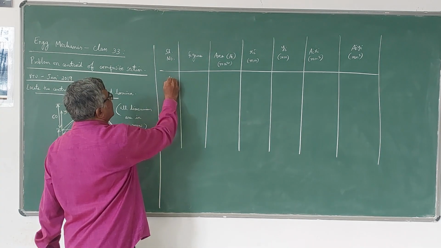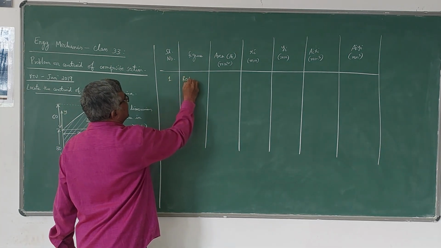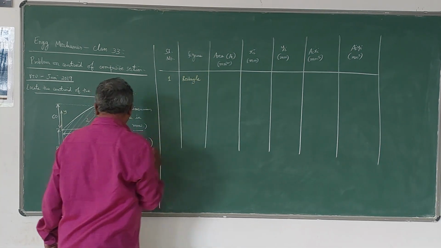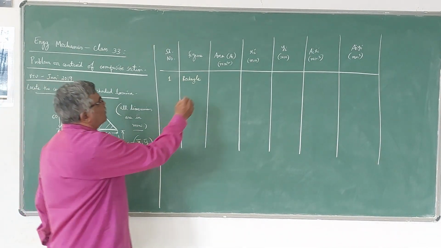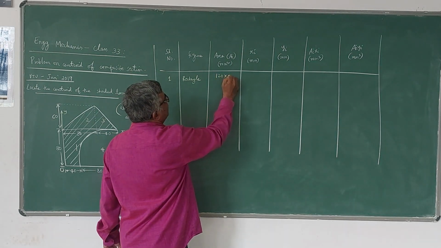So serial number 1 is the rectangle. The area of this rectangle is 120 into 80.